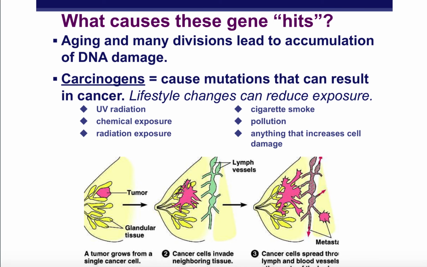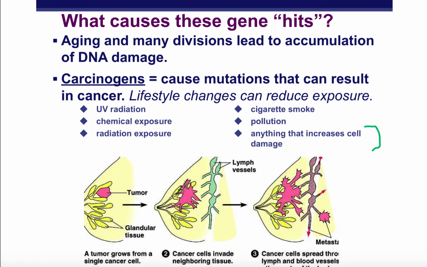Carcinogens are materials that increase mutations in your DNA to the point that they increase your chances of cancer. Generally speaking, lifestyle changes can reduce exposure. A lot of this is what we talked about before when we talked about mutations, but I also want to point out that anything that increases cell damage increases your chance of having cancer, because a lot of carcinogens cause both cell damage and DNA damage, increasing mutations.